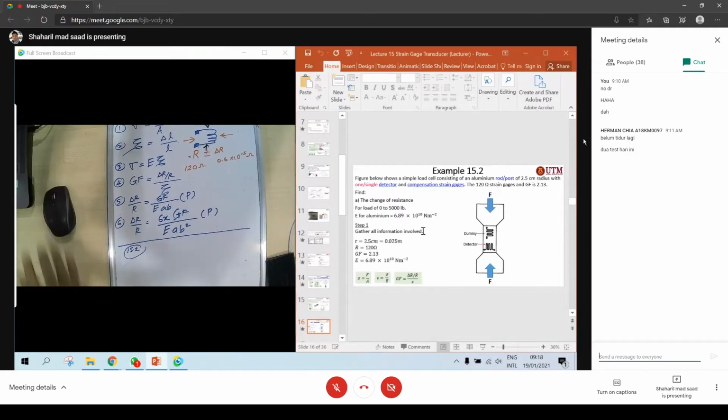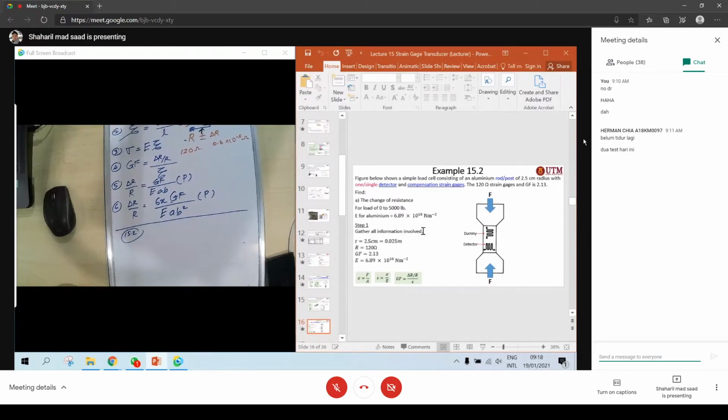All right. So what we do here is gather all the information first. This is your strain gauge. Your strain gauge has R equal to 120 ohm and gauge factor equal to 2.13, and then you apply your strain gauge to the rod. This is your rod.